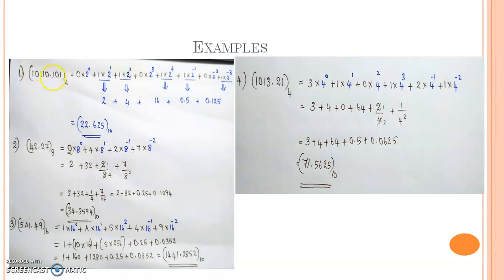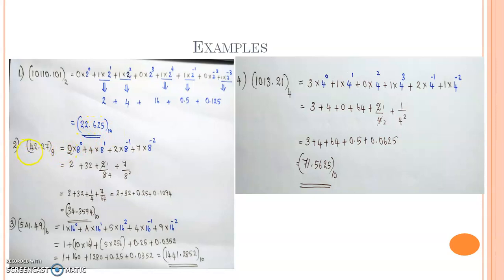So it is 0 into 2 raised to 0 plus 1 into 2 raised to 1 plus 1 into 2 raised to 2 plus 0 into 2 raised to 3 plus 1 into 2 raised to 4 plus 1 into 2 raised to minus 1 plus 0 into 2 raised to minus 2 plus 1 into 2 raised to minus 3. We need to add up the weights where the bit value is 1. So I'm taking only these values: 2 plus 4 plus 16 plus 0.5 plus 0.125. The result is 22.625 to the base 10.